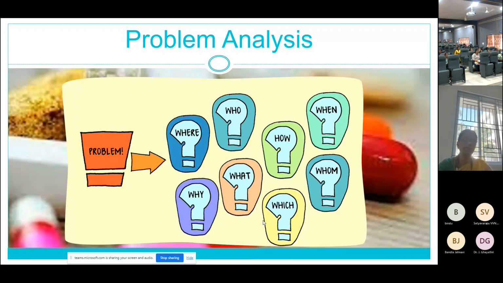Or the reverse, where can you solve it? Why should you solve it? Who can solve it? What is to be solved? How can it be solved? Which one can solve? Whom will it solve? And when can you solve? So both sides you can think about it. So this is the analysis you have to do when you are thinking about a problem.